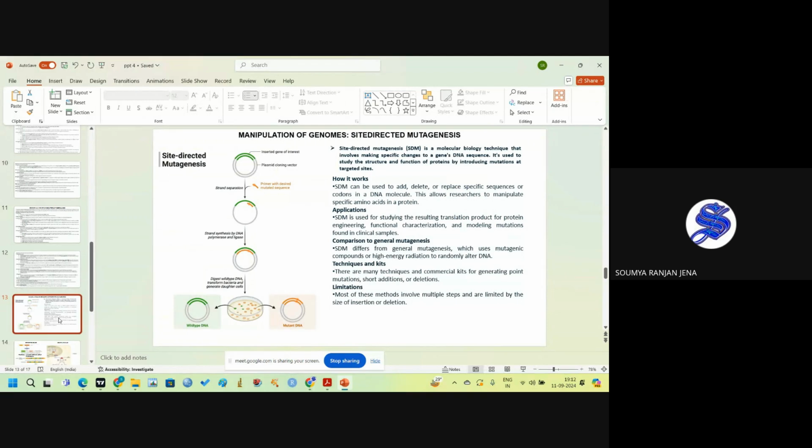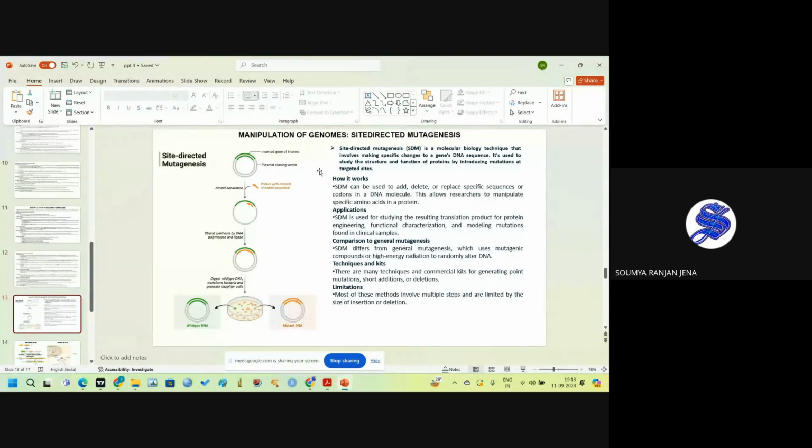Then after all the genome analysis, how do we manipulate the genomes? By site-directed mutagenesis. What is site-directed mutagenesis? Site-directed mutagenesis, SDM, is a molecular biology technique that involves making specific changes to a particular gene or DNA sequence. It is used to study the structure and function of proteins by introducing mutations at the targeted site.